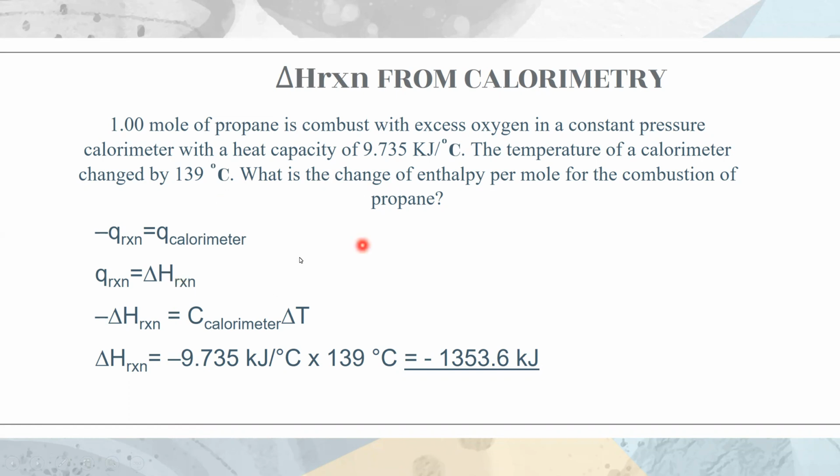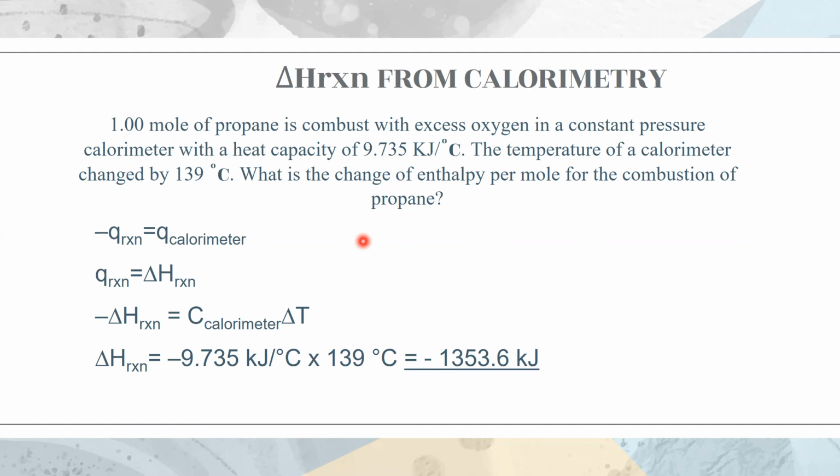And so any time that we're trying to solve for the change of enthalpy, we have to make sure that we are doing it for 1 mole of any of the substances that we're using, because that's one of the rules that we have to be able to use our delta H of reaction.